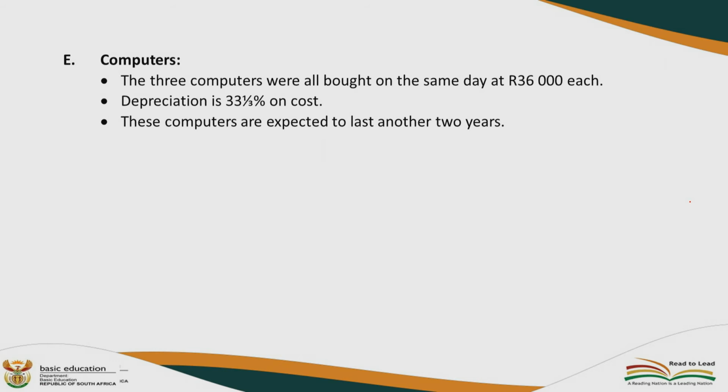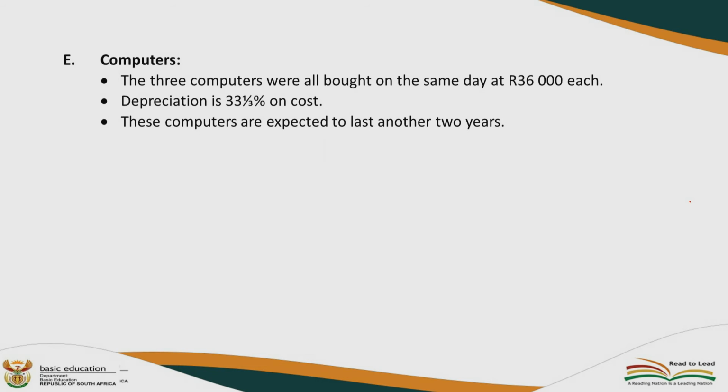Okay, 3 computers were bought by the business on the same day at 36,000 each. And the depreciation is 33.1/3% on cost. And these computers are expected to last a business for another full 2 years. Remember, each was bought at 36,000.